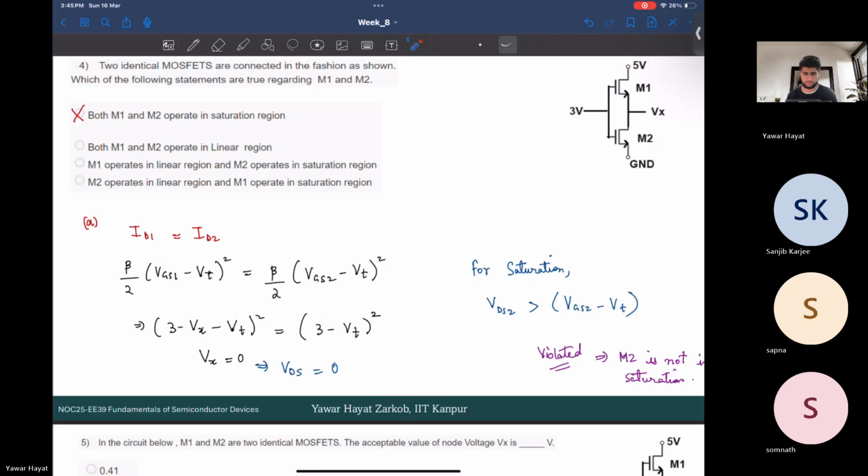But what is the equation that you use? Or in other words, is there any way that I can discard option 2 by using the definition of saturation?